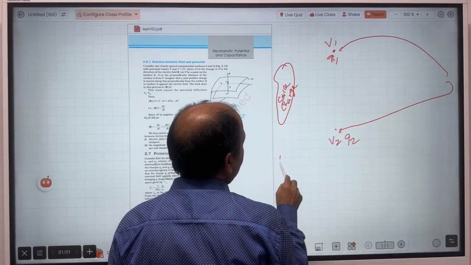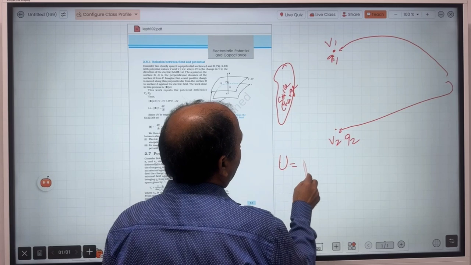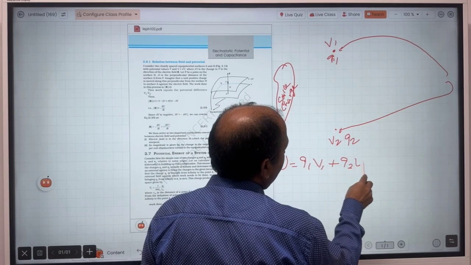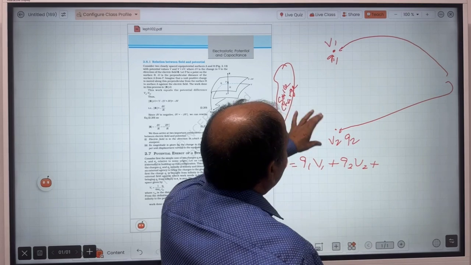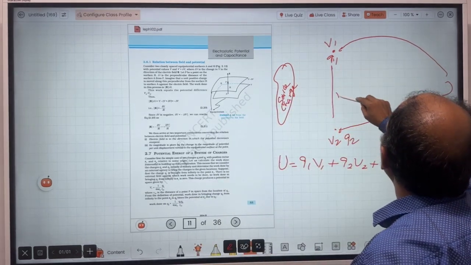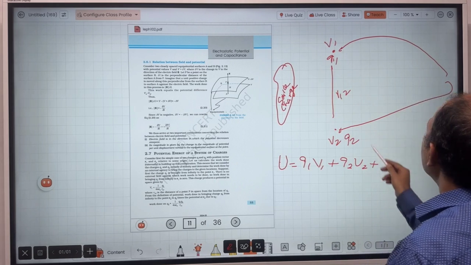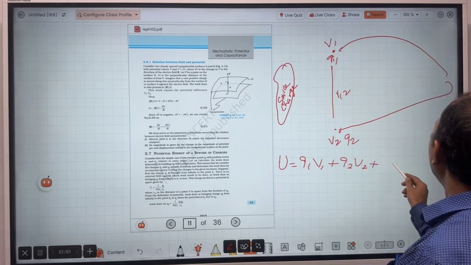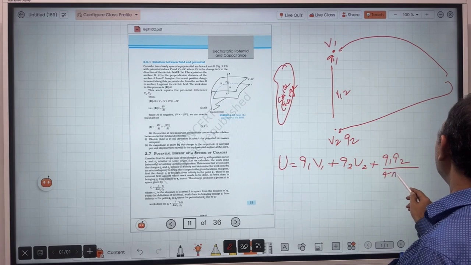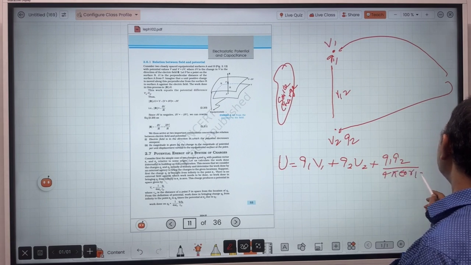It will be Q1 times V1 plus Q2 times V2 plus the interaction between these two charges. If this separation is R12, then there will be another term, Q1 Q2 divided by 4 pi epsilon naught R12.